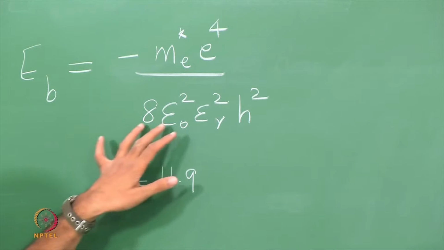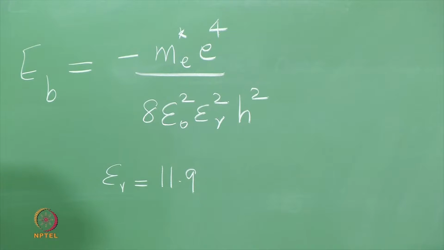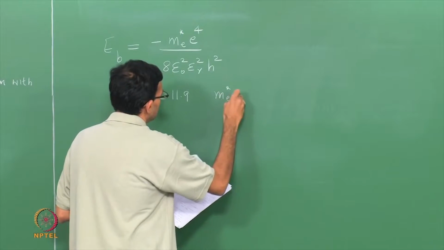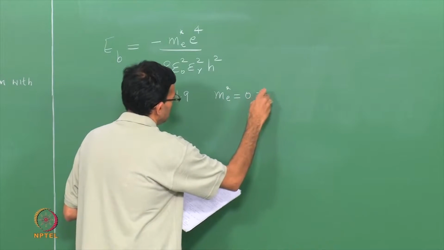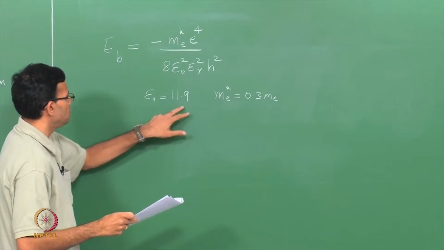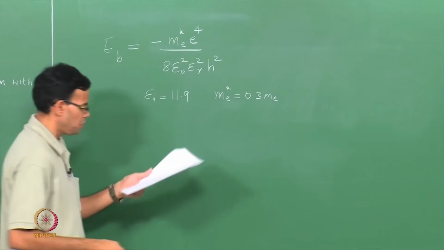So, once again we can substitute the values. m e star for silicon is approximately 0.3 m e and epsilon r is 11.9. So, we substitute the values.